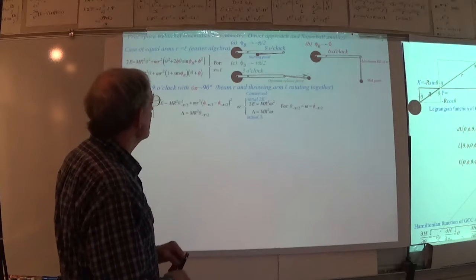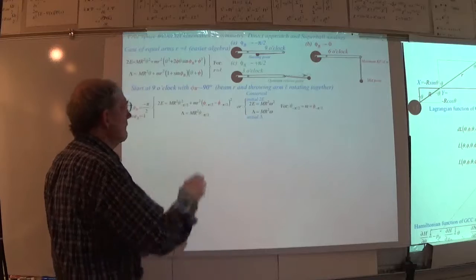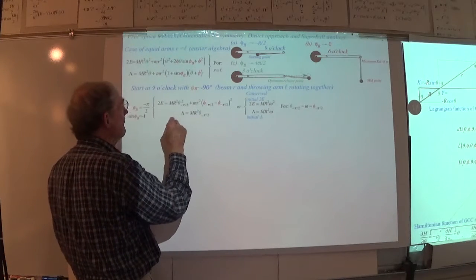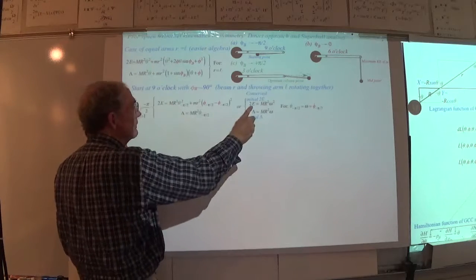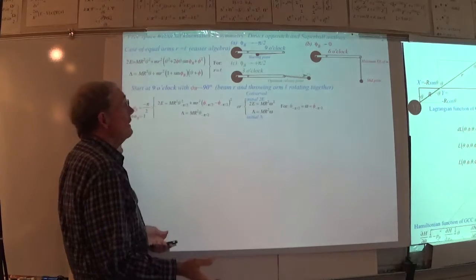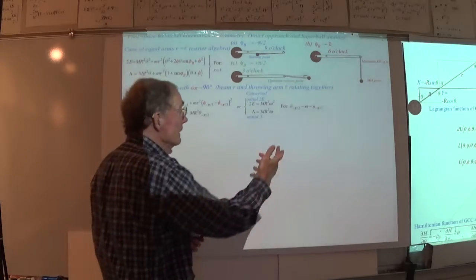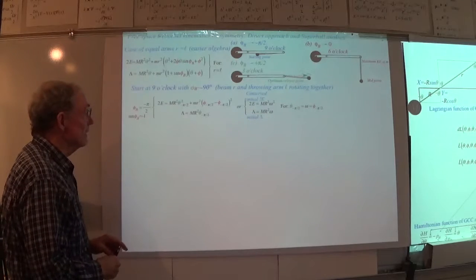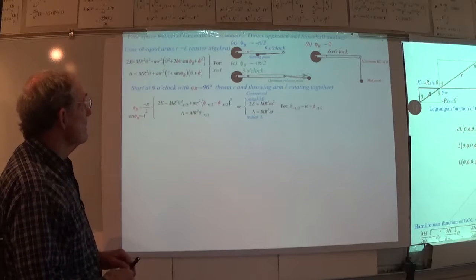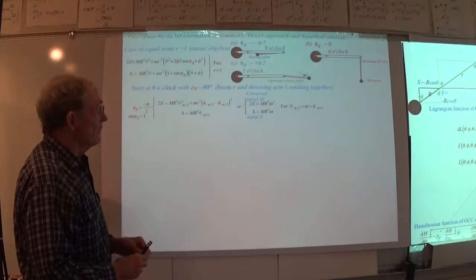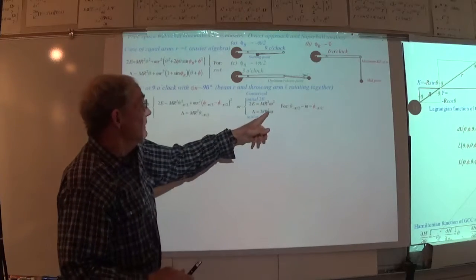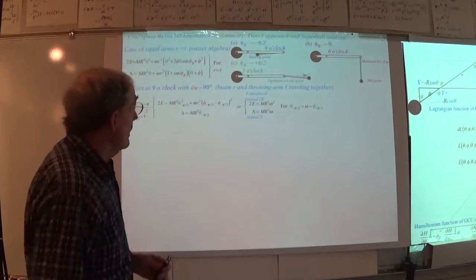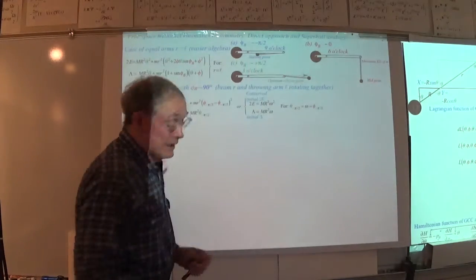Let's see if that just goes to 0, and I'm left with an expression that just involves that. Kinetic energy is mr squared, and we're assigning a value of omega to both of these velocities at first. And then here is that lambda thing that's also supposed to be constant. It just comes out to be mr squared omega. All right? So that's what we start with.